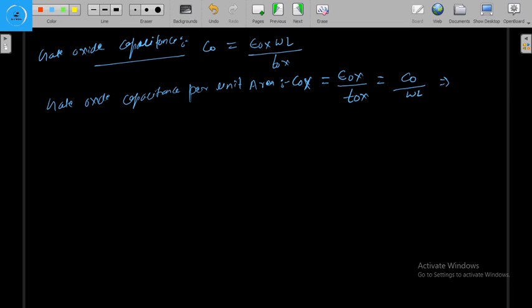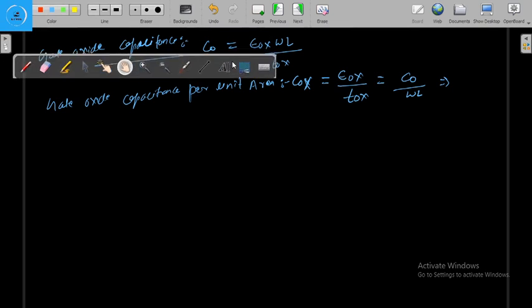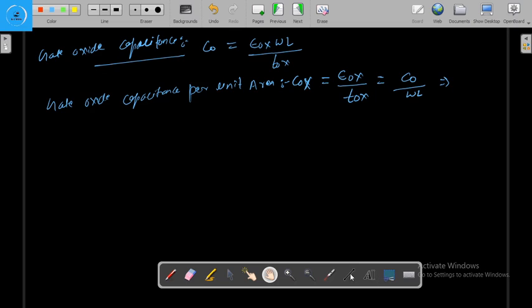Let me highlight this. This is the gate oxide capacitance per unit area.